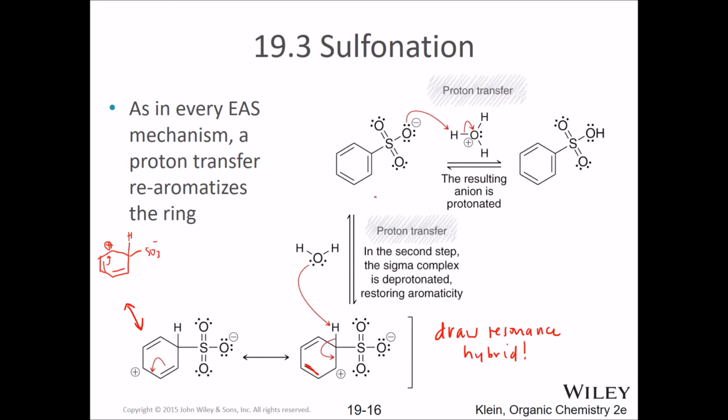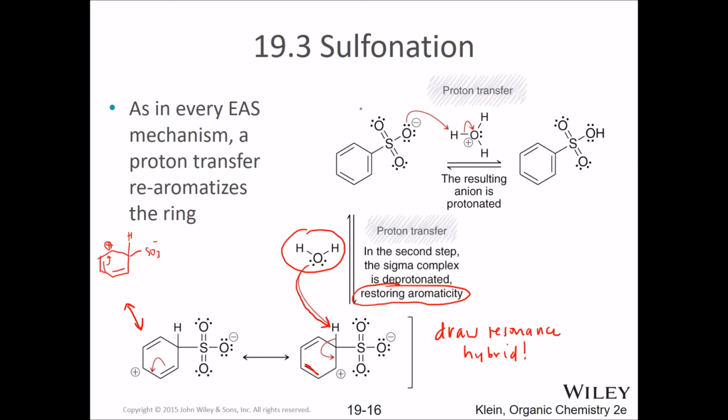All right, now that we have that, this is done in aqueous solution. So these electrons are going to come in and deprotonate. This always happens in every EAS, every one. We get a deprotonation so that we can restore aromaticity. Okay, after we restore aromaticity, boom, we're done. We're basically done.